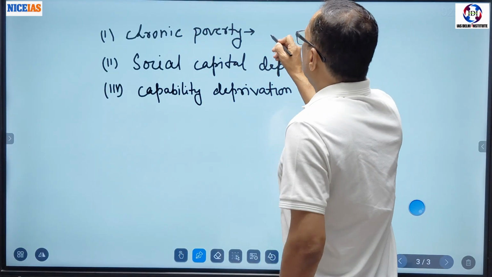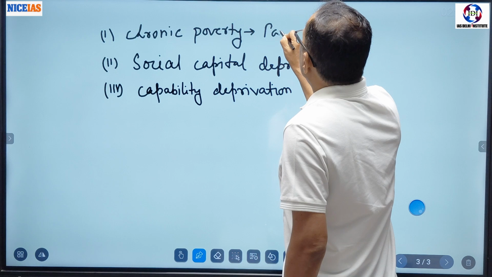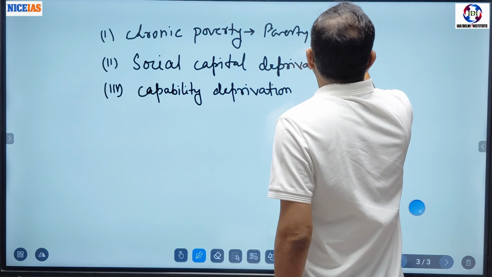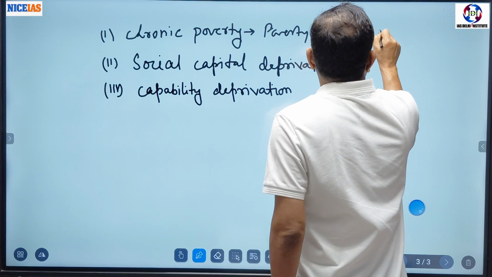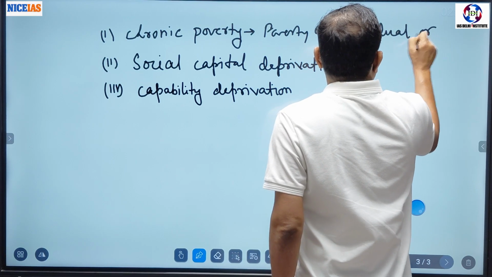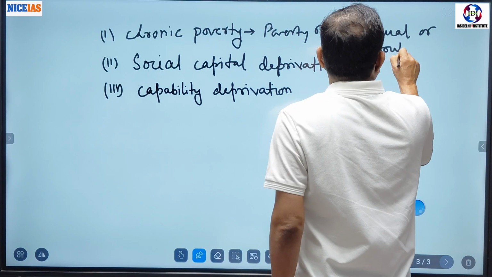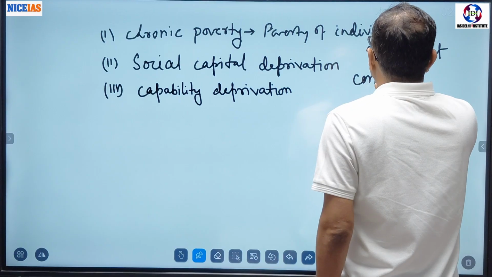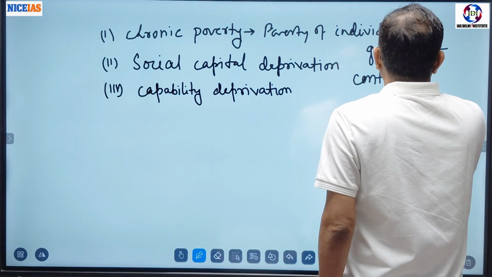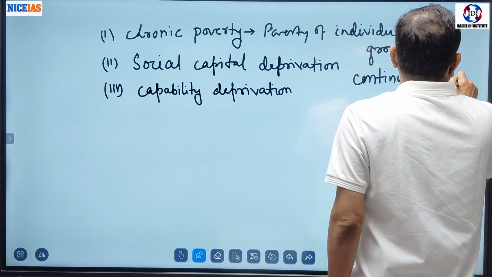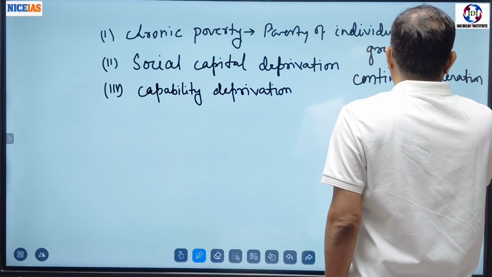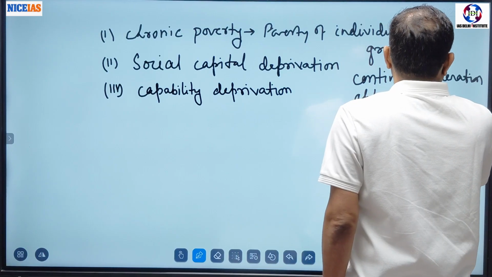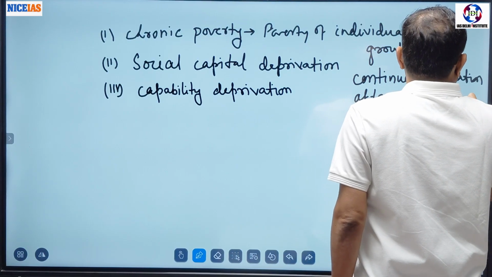So chronic poverty means poverty of an individual or group that continues generation after generation.